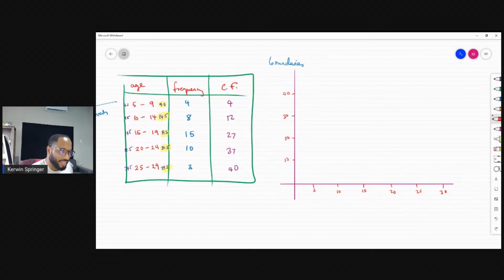So this will be 9.5, 4. You come to 9.5 and figure out where 4 is, and that's the first point there. In some cases, I've seen CXC extrapolate this down to the next boundary here.